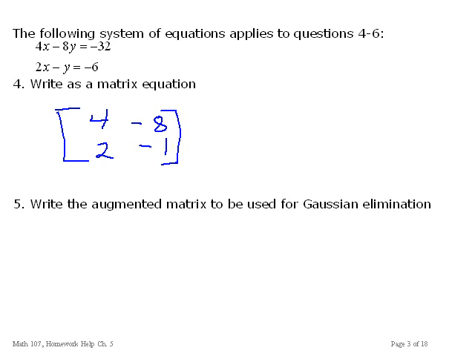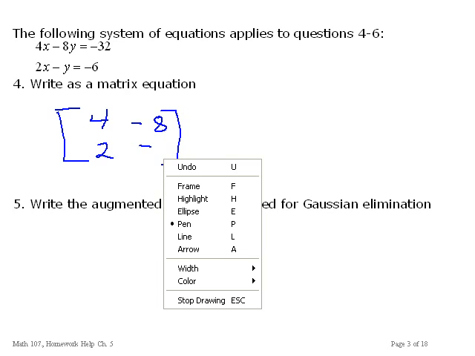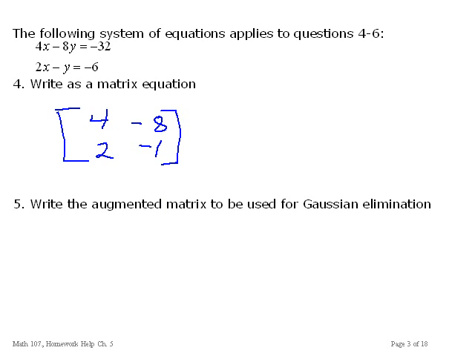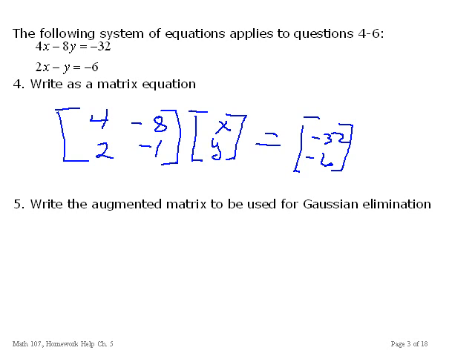It's a minus 1. The invisible one finally gets written. Then you would have your unknowns, x and y, go in here, equal sign, and then you have your solution vector over here. Minus 32 and your minus 6. Right, there is your matrix equation.